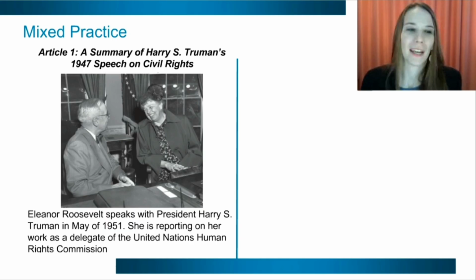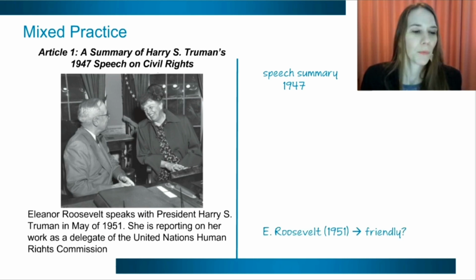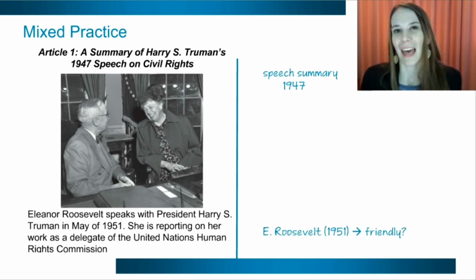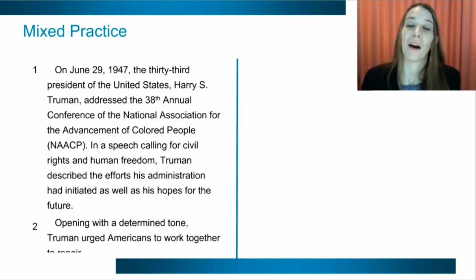And so Article 1 starts with this picture of both Roosevelt and Truman. And we see here, based on the title, that this is a summary of Truman's 1947 speech. Okay. So what did you identify as the primary argument of Truman's speech? What was the point of view?